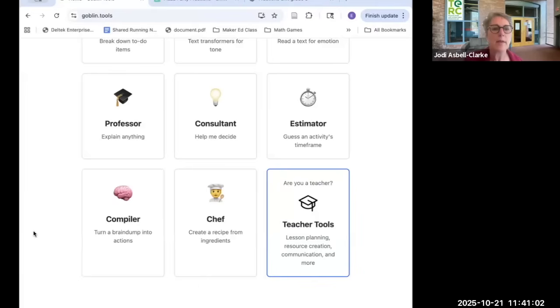The compiler, as we were talking about earlier, takes a brain dump and turns it into a task list. It's very useful, and I wanted to show it, but I didn't have any brain dump that I felt like showing on a webinar. I'm thinking in particular of notes we take when we're collaborating and thinking of proposal or project ideas, when a whole bunch of us have gotten together with lots of ideas and throw them into a Google Doc.